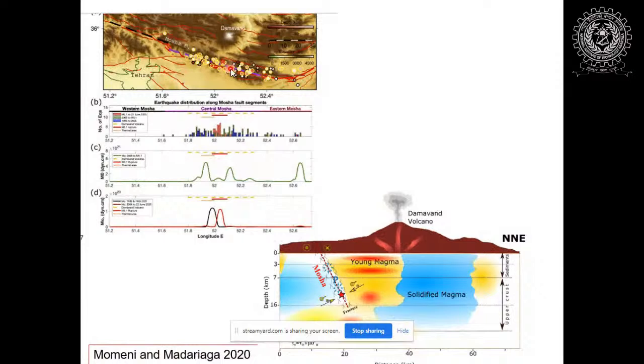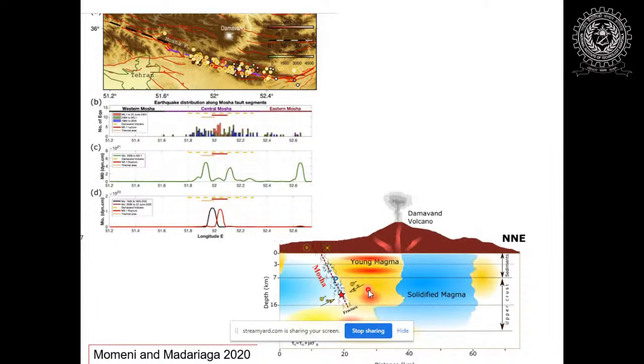And it is very interesting that this is based on the activities in the young magma chamber part of the Damavand volcano, in the southern Damavand volcano. There is an increase of pore pressure on the fault, and therefore it caused a decrease of normal stress on the fault, and therefore there are small to moderate earthquakes.